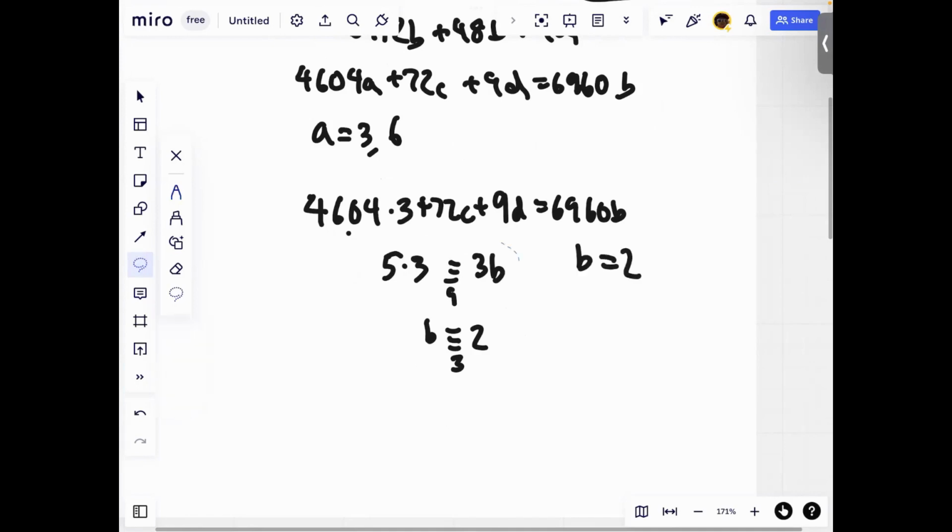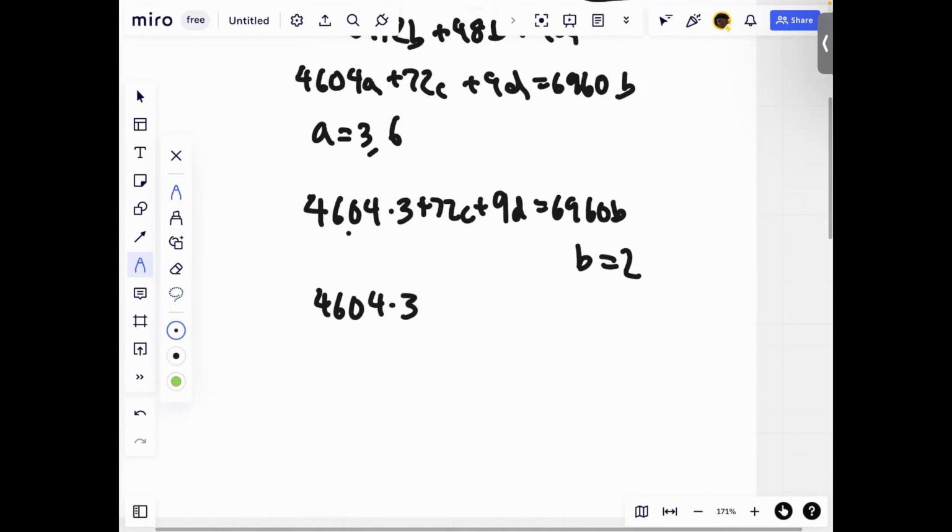Now if B is 2, then 6960 times 2 minus 4604 times 3 is equal to 72C plus 9D. If we calculate 6960 times 2 minus 4604 times 3, we get 108.